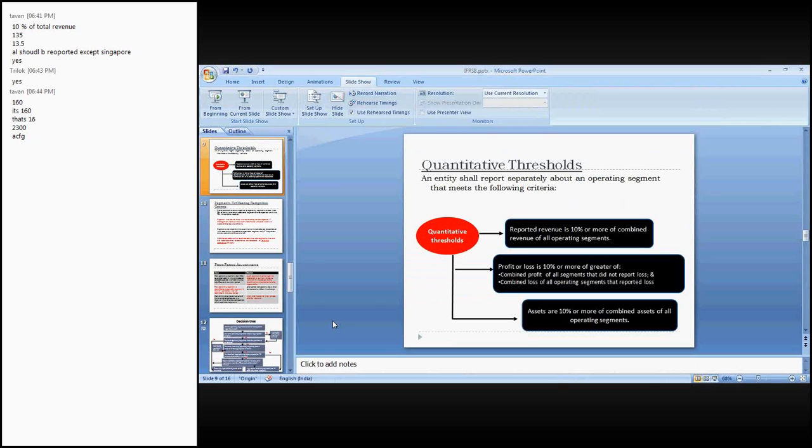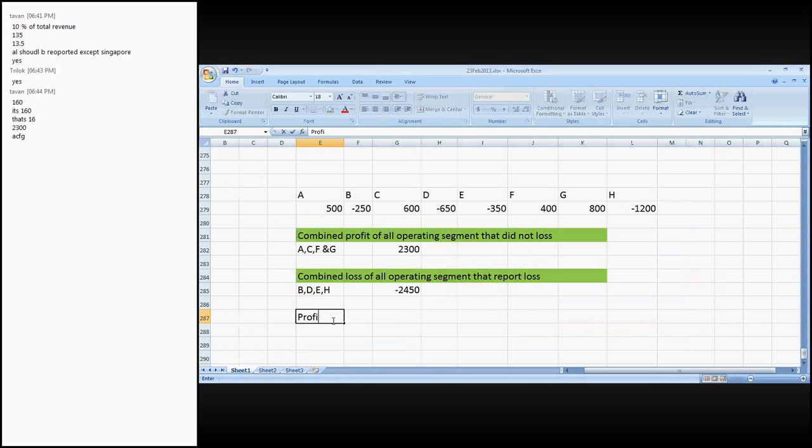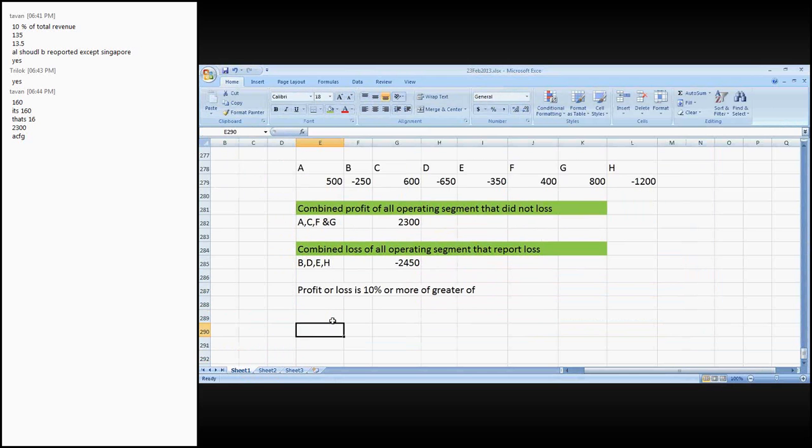Now have a look at profit or loss is 10% or more of greater of. Now please tell me which of them are reportable segments.